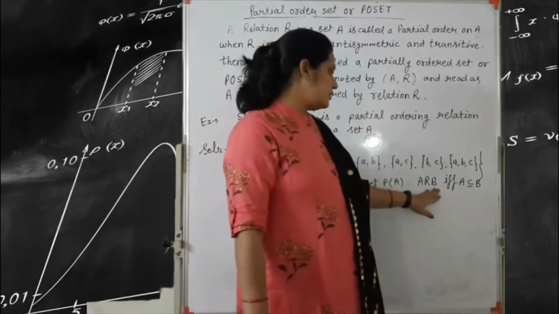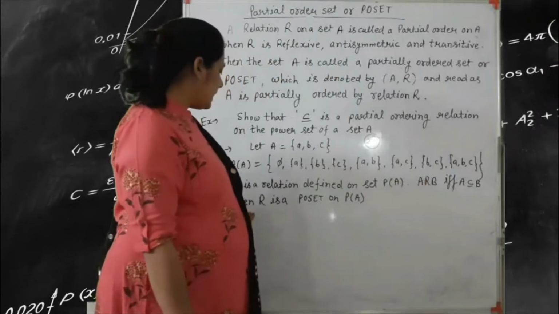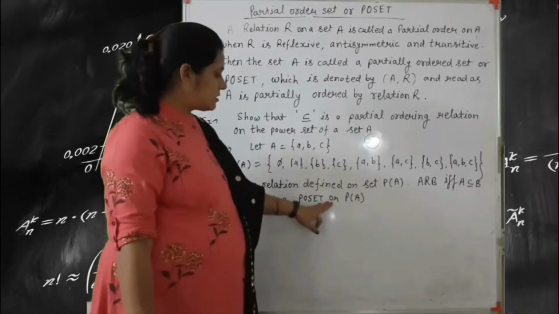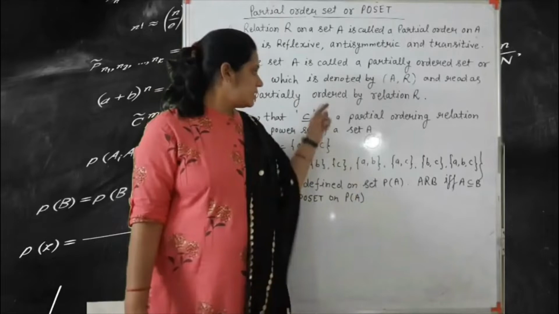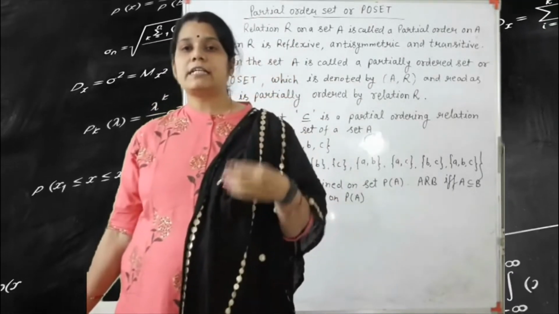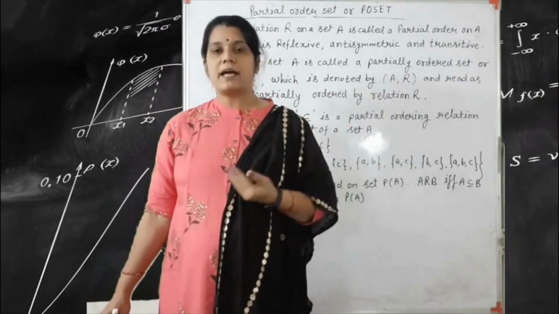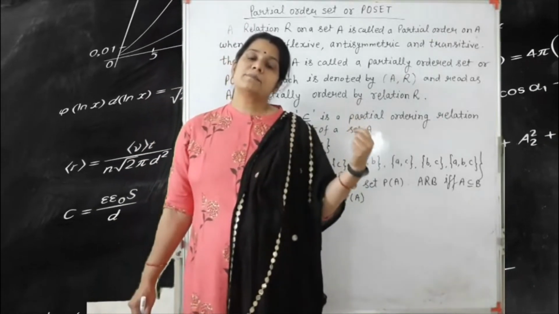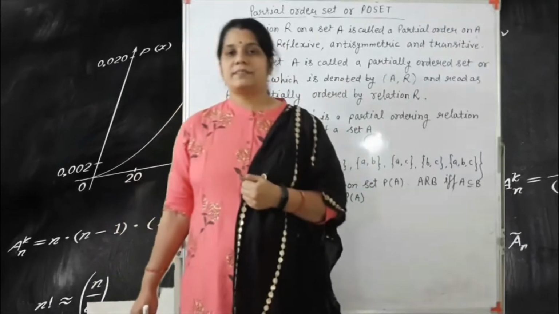If a is related to b if and only if a is a subset of or equal to b, then R is a poset, a partial order set on P(A). With the help of this sign, we consider the three properties, that means reflexive, antisymmetric and transitive, and after that we show whether this power set is a partial order set or not.